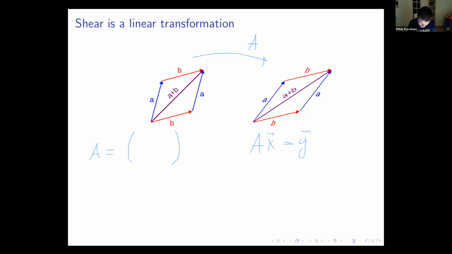So see what happened here. If b, what changed? The vertical component of b did not change, but the horizontal component of b changed, right? So if you have vector x1, x2, then x2 did not change, but x1 changed by some factor. Let's say it's x1 plus some alpha.